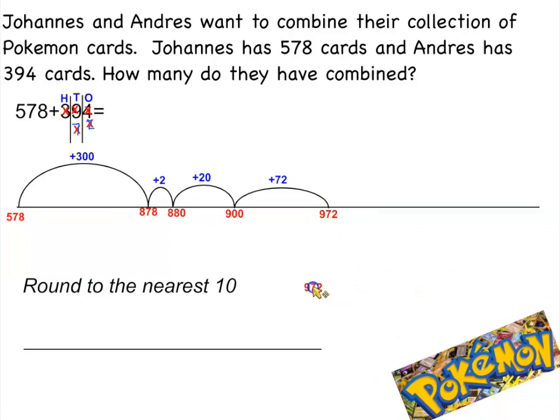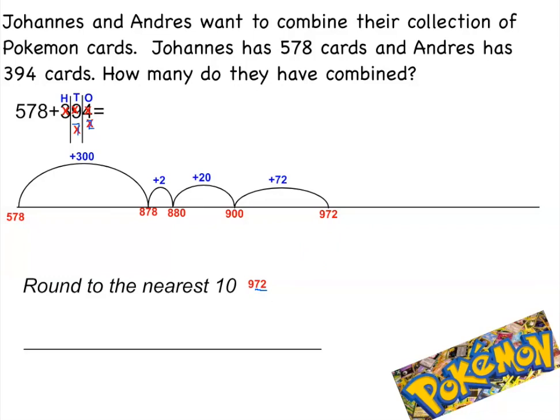Now let's work on our rounding. The answer to our problem was 972. Let's round that number to the nearest 10. If I'm rounding to the nearest 10, then what I'm really paying attention to is the number 72. Now the 900 is going to stay there, but I'm going to pay attention to the 72.